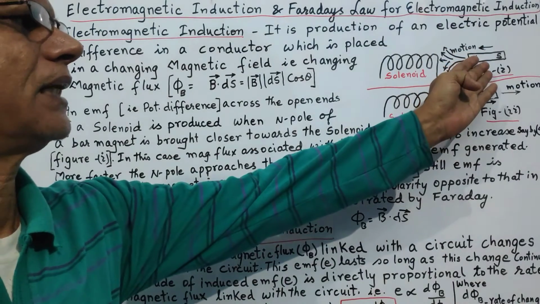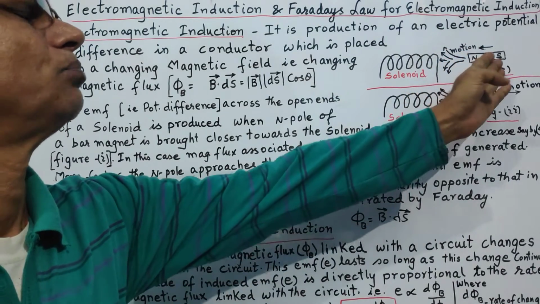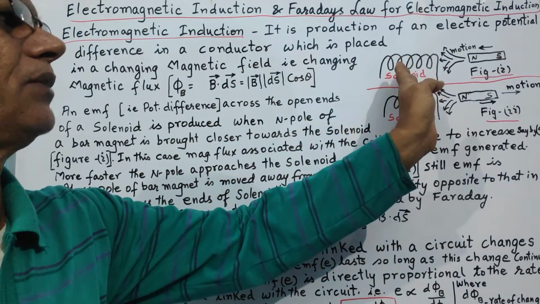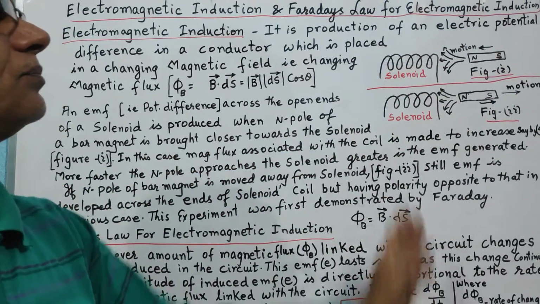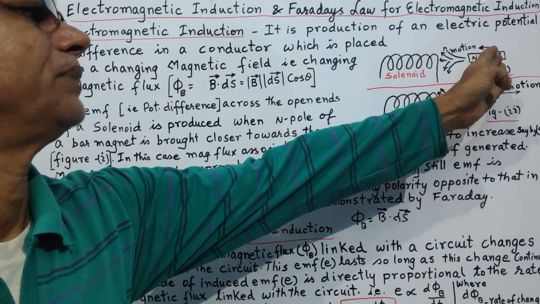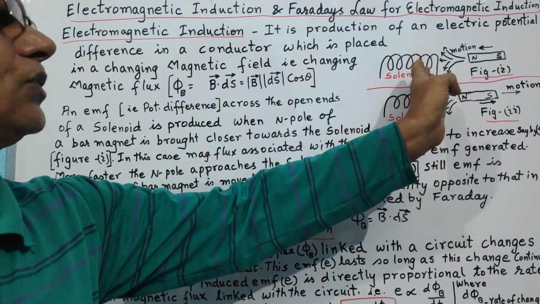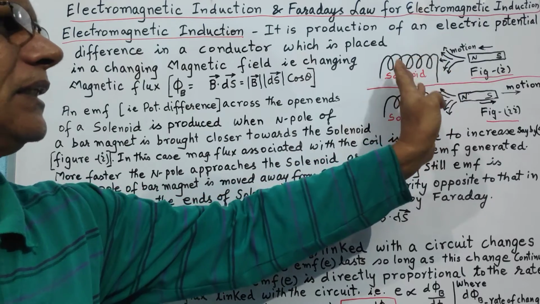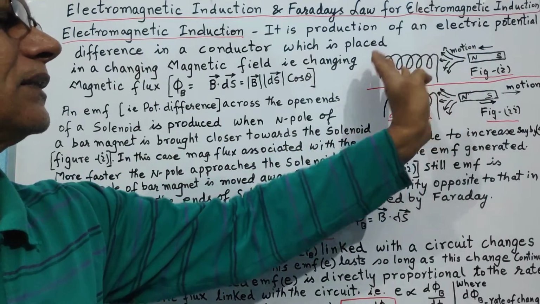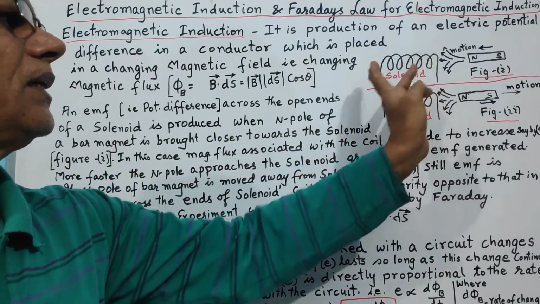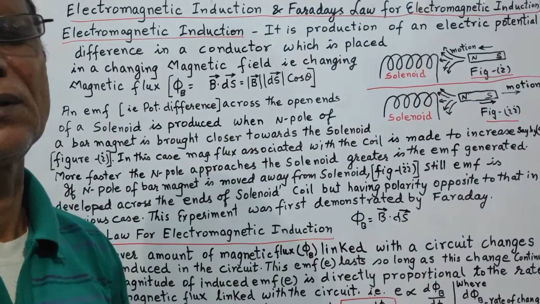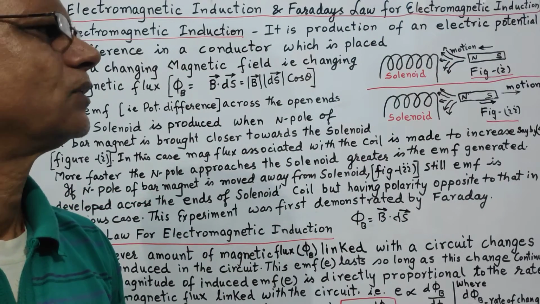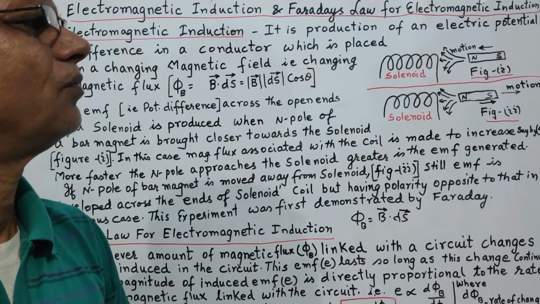It means when the magnetic field is varied, the magnetic flux associated with the body is varied. In this case, we are bringing the north pole closer towards the solenoid, the magnetic flux associated with the solenoid is increased, and EMF is generated across the two ends of the solenoid. So this is one situation.